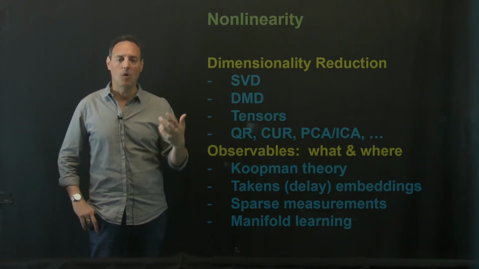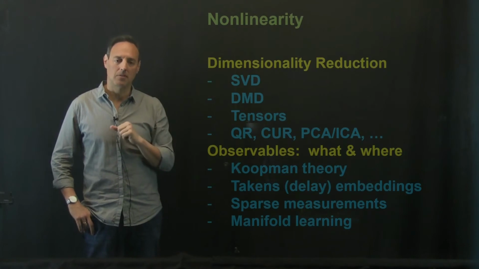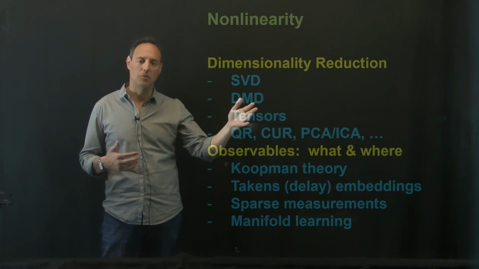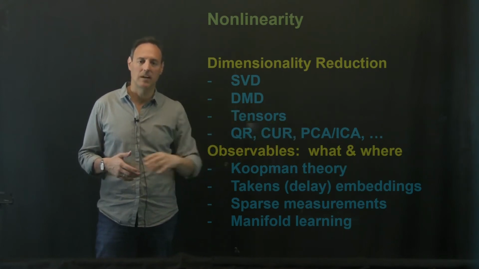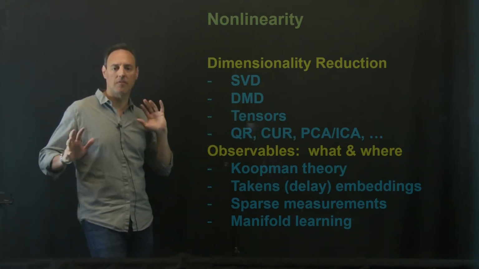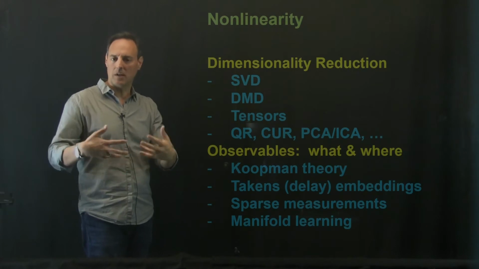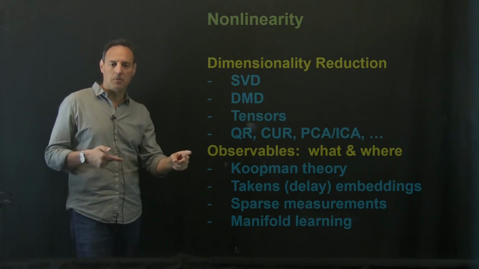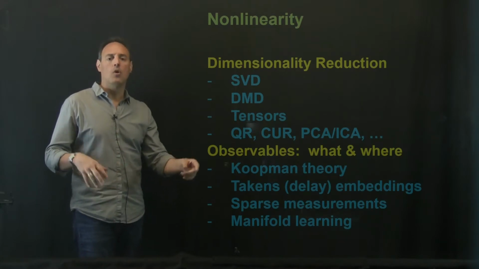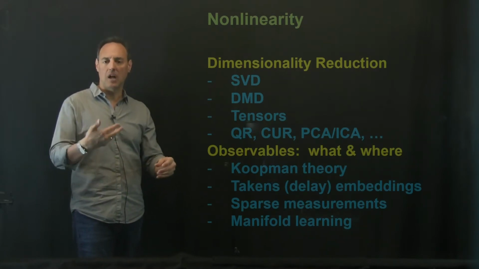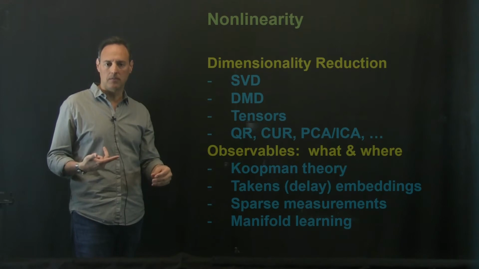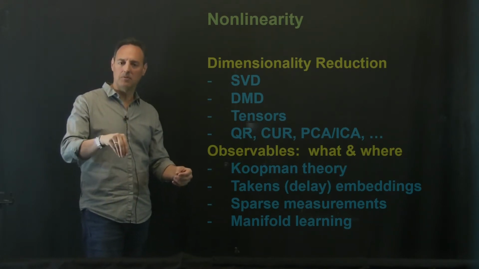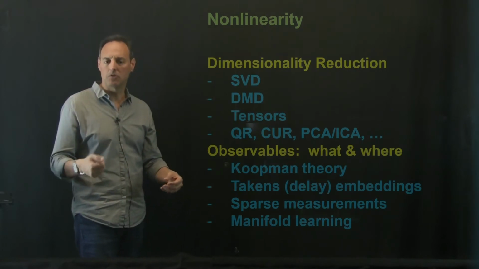But part of how we're going to go after this is we are going to look at dimensionality reduction techniques like the singular value decomposition, dynamic mode decomposition, tensors. There are a lot of other matrix factorizations. This is going to allow us to think about subspaces where dynamics happen. Then we also want to think about observables. What I mean by that is, what kind of things should I be observing? Just because you recorded from some variable doesn't mean it is the right variable to use.